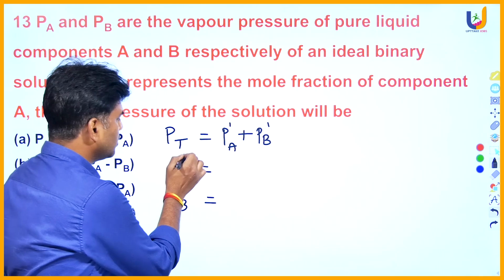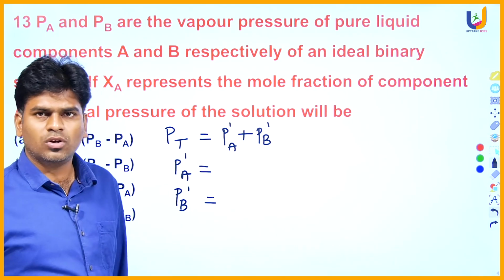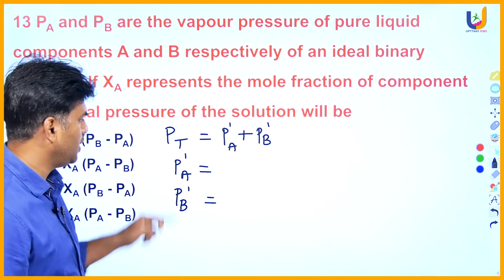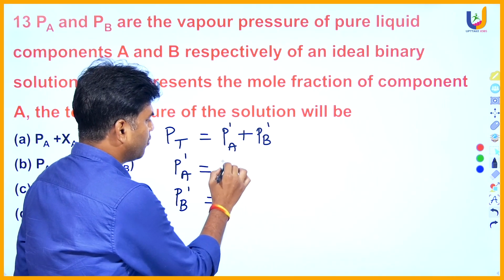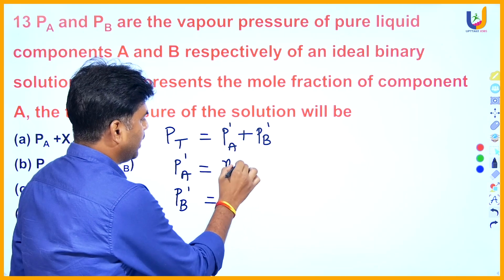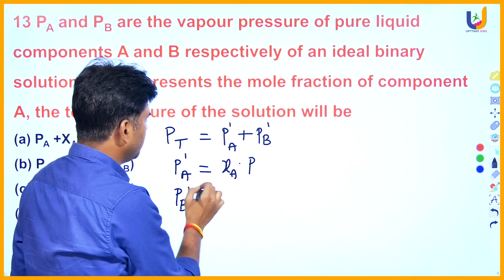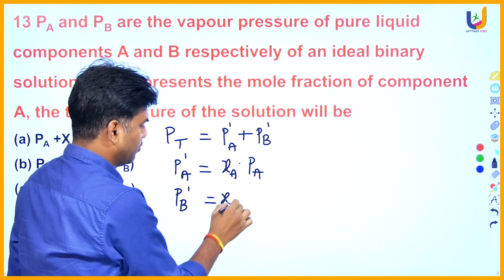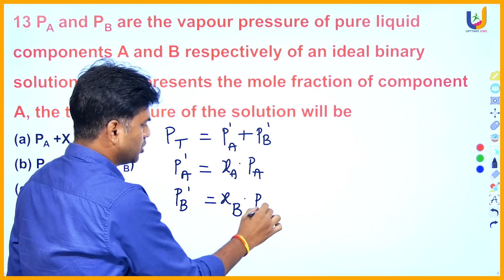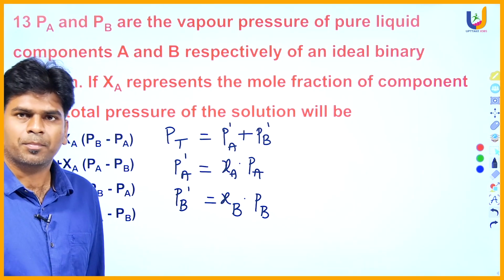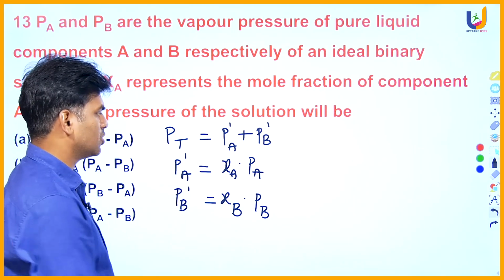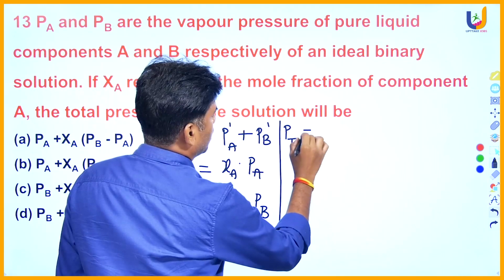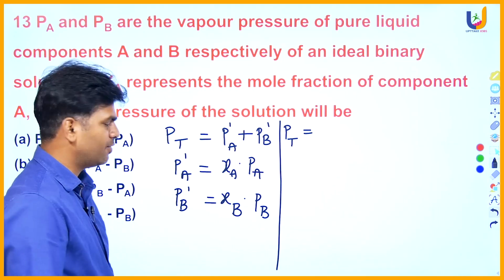These are the solvent and solute partial vapor pressures. So the partial vapor pressure PA you can write like this: mole fraction of A times the pure vapor pressure of A, and mole fraction of B times the pure vapor pressure of B. So these are the relations. Okay now, so these are the values if you substitute here. Total vapor pressure is equal to, what is the PA?